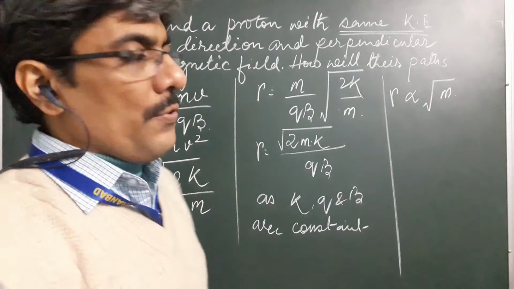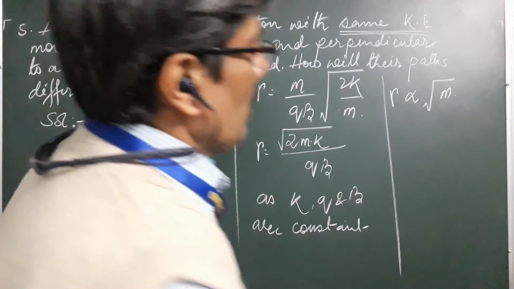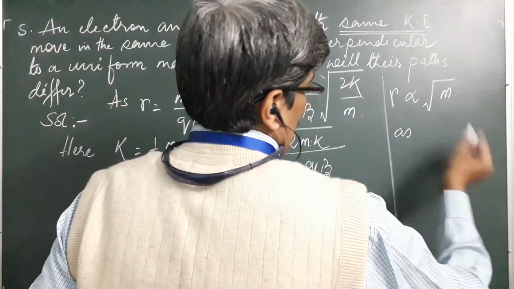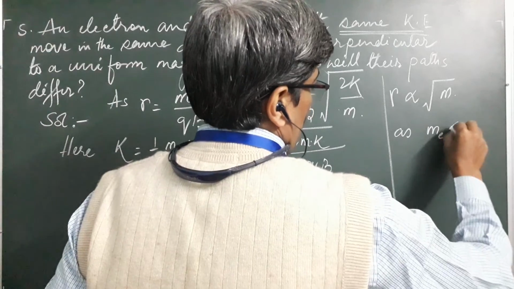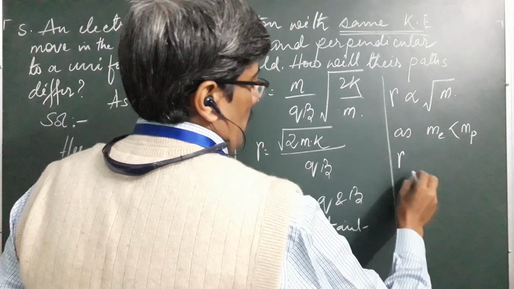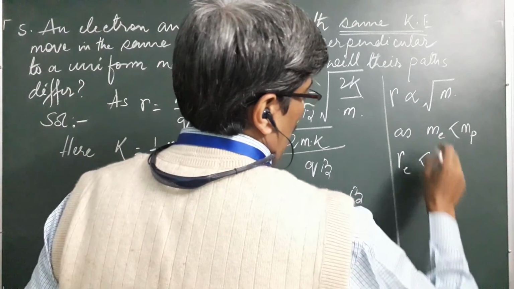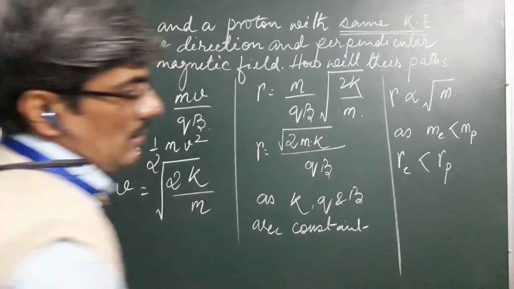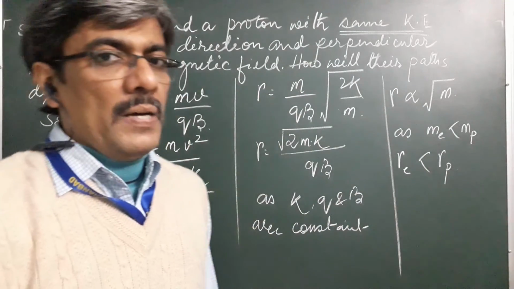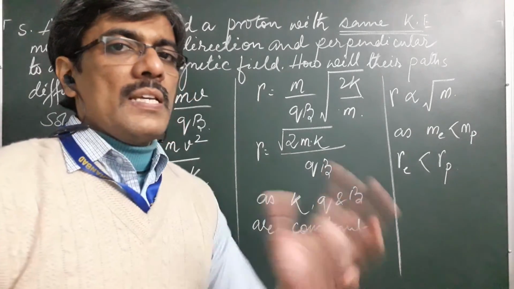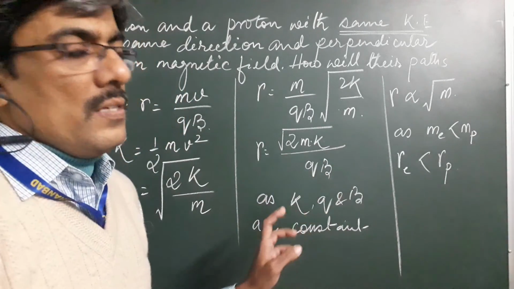And between the electron and the proton, we know the electron has a lesser mass, as the mass of the electron is less than the mass of the proton. So the radius of the electron will have a lesser value compared to the radius of the proton. That means both shall move in a circular path. One more thing, they shall move in different senses because their charges are different.